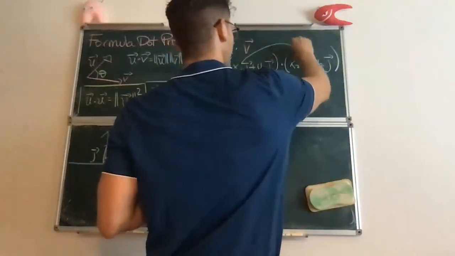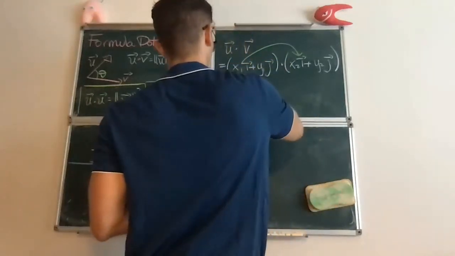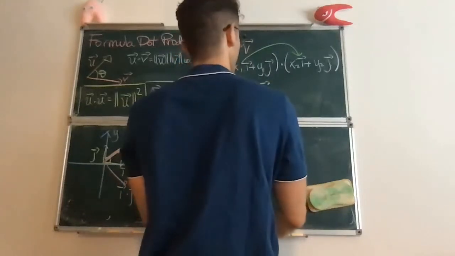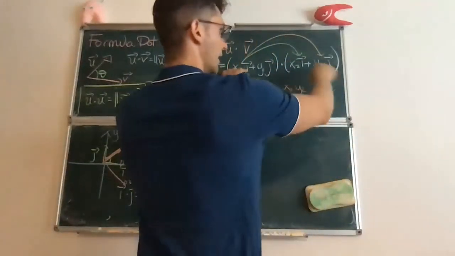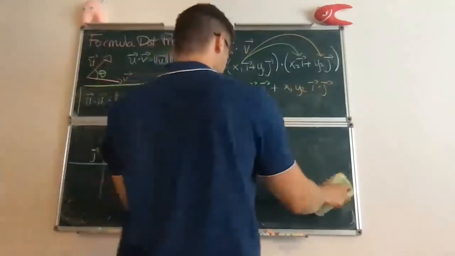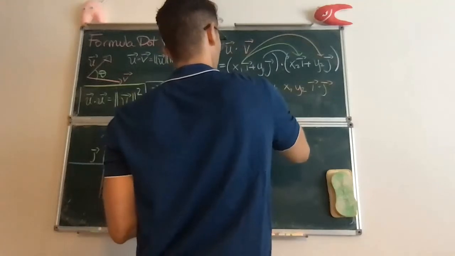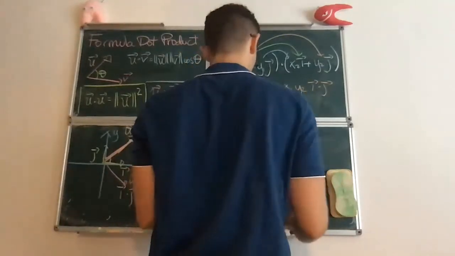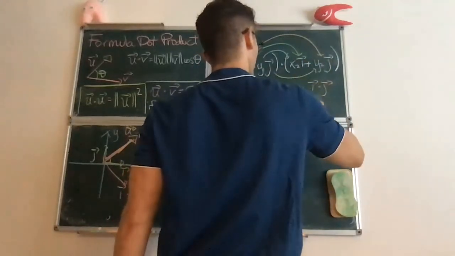That would give you x1 x2 i dot i, then x1 y2 i dot j, plus y1 x2 j dot i, plus y1 y2 j dot j.